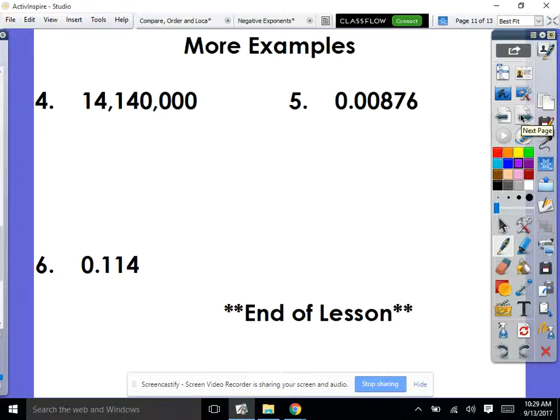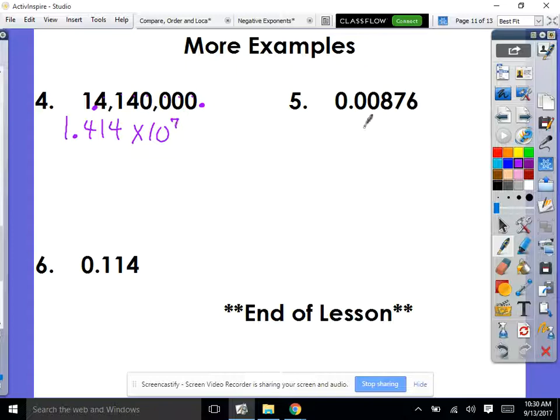More examples. Step 1, write the number with a decimal after the first natural number. Step 2, times 10. The decimal was here. We moved it here. How many numbers are between that? 1, 2, 3, 4, 5, 6, 7. And our original number was greater than 1, so our exponent stays positive.